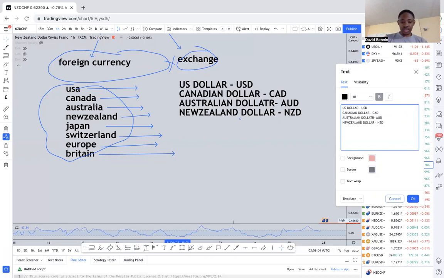Japan spends the Japanese yen, which is represented as JPY. And then we have Switzerland.